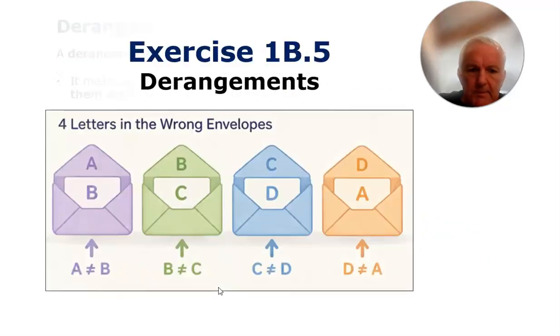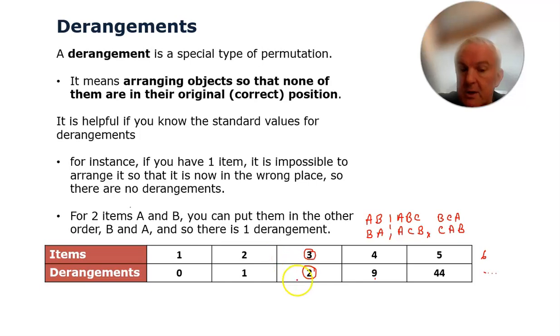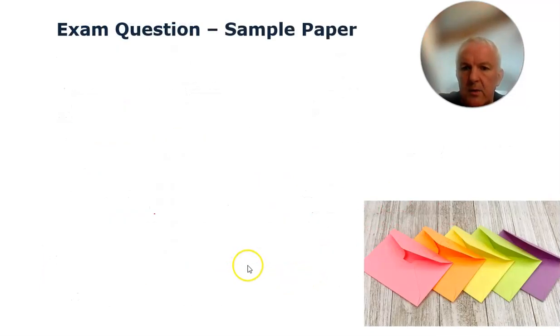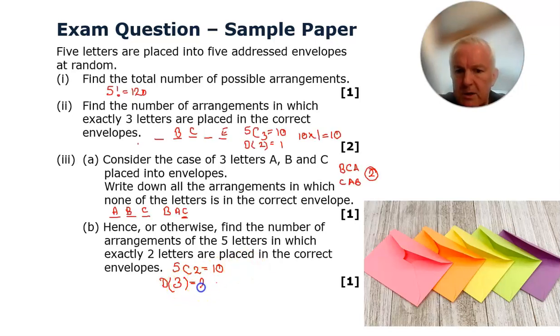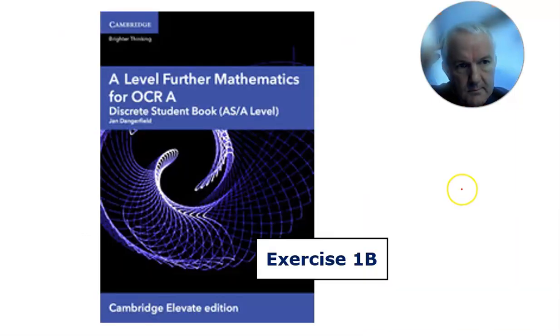D3 is 2. I actually circled it a bit before when I did that. So I think this is 10 times 2, which is 20. And I think that's the right answer. Let's see. Yes, I've got 20 there.